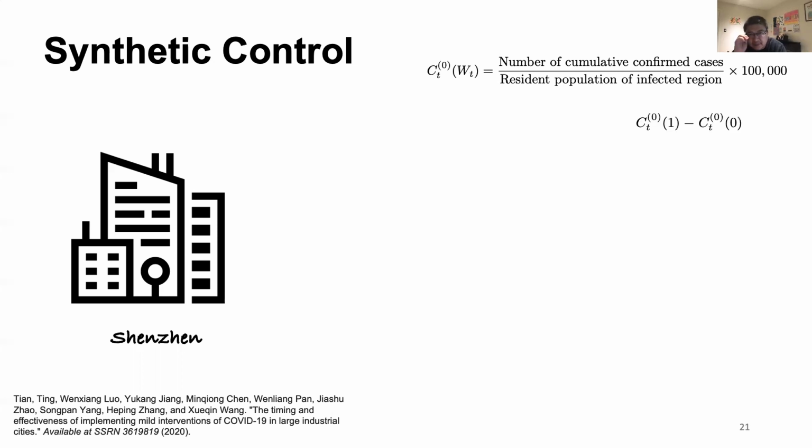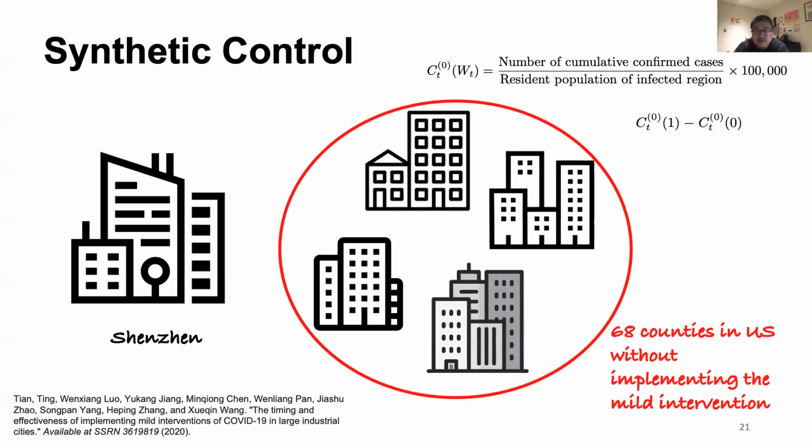So in this paper, the authors try to leverage the data from 68 counties in the US without implementing the mild interventions as, quote-unquote, synthetic controls to estimate the treatment effect.